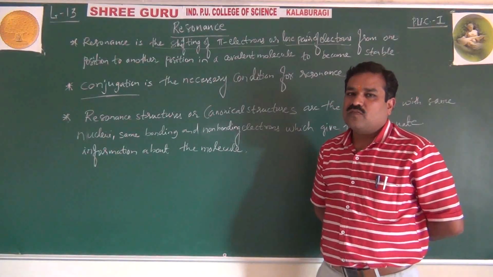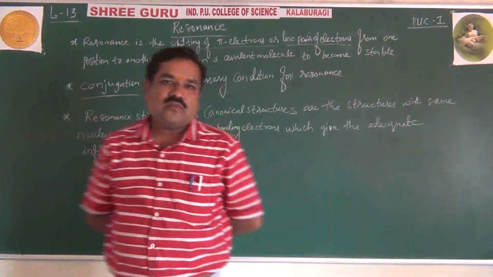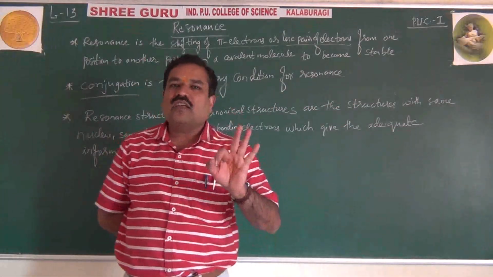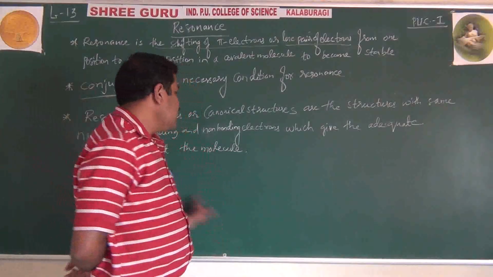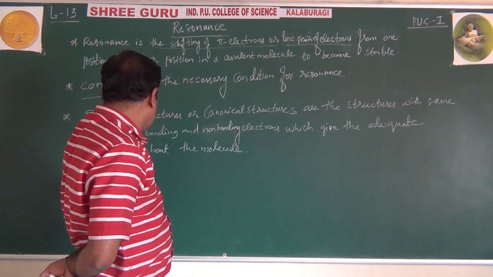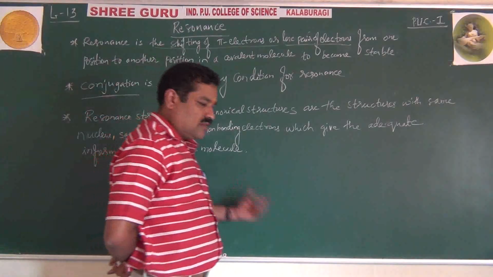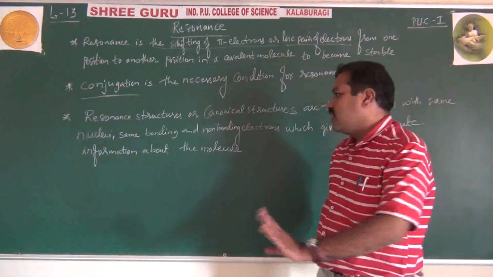These are structures of a molecule with the same number of nuclei, same number of bonding and non-bonding electrons, which give us complete, adequate information about the structure of the molecule. I will explain that with an example.